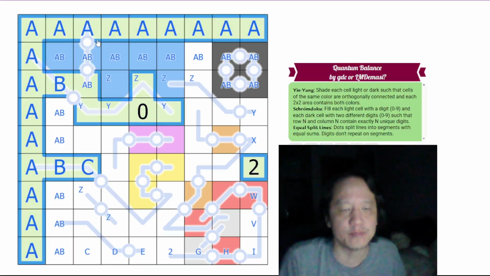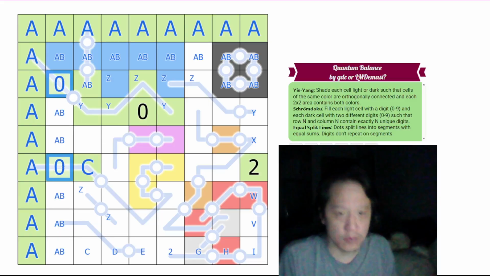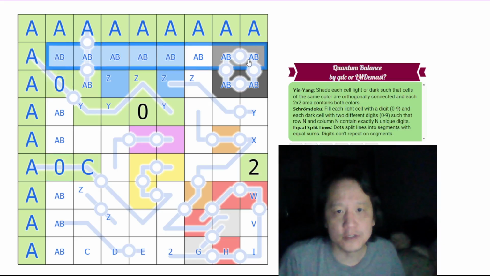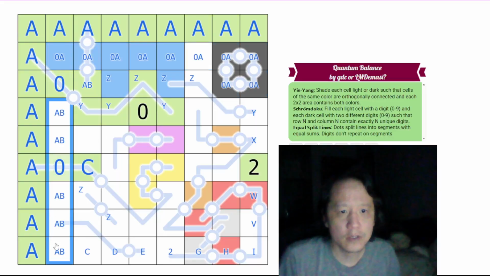So A has to be non-zero. B has to be the 0. So all the B's are 0. So these are A and 0. These are A and 0.